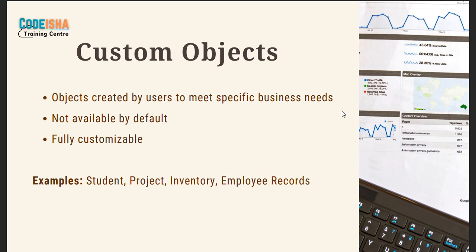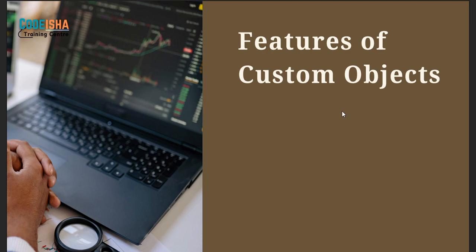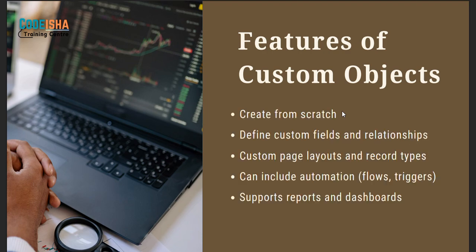Okay, and let's see the features of custom objects. They are created from scratch by the user. We define custom fields and relationships, custom page layouts, and record types also. They can include automations like flows and triggers. And they support reports and dashboards also.